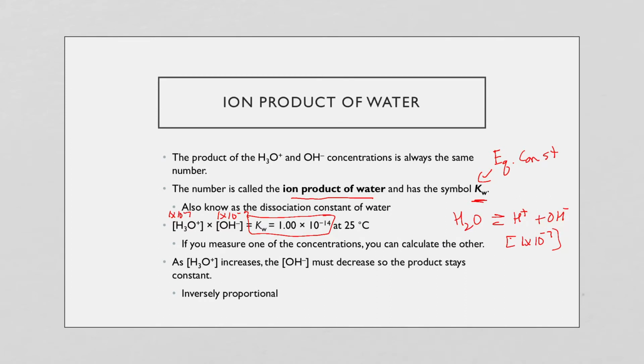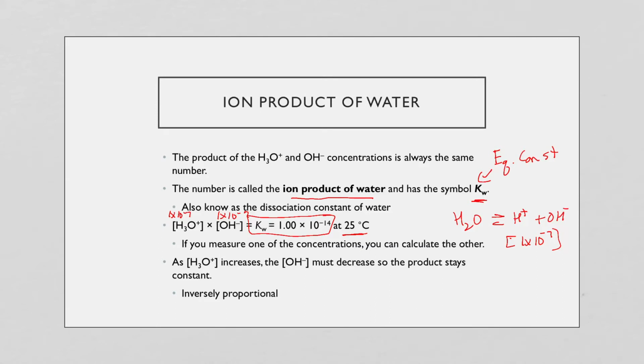So in pure water, these are going to be equal. But what if we add acids or bases? Well, remember, equilibrium constant is still the equilibrium constant. And so if I take hydronium times hydroxide for any aqueous solution, we have to get Kw, as long as we're at the same temperature, or we're assuming we're at this temperature, then Kw is 1 times 10 to the minus 14th, no matter what the aqueous solution is.